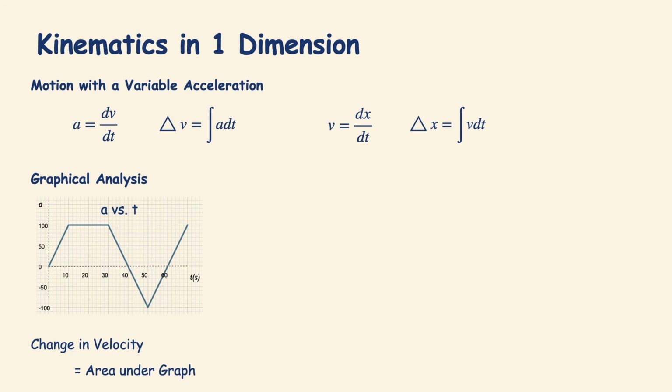So if you want to see how the velocity changes from 0 to 10 seconds, you're going to find out what the area under the graph is between 0 and 10 seconds, between 0 and 60, etc. But it has to be a graph that plots acceleration versus time.